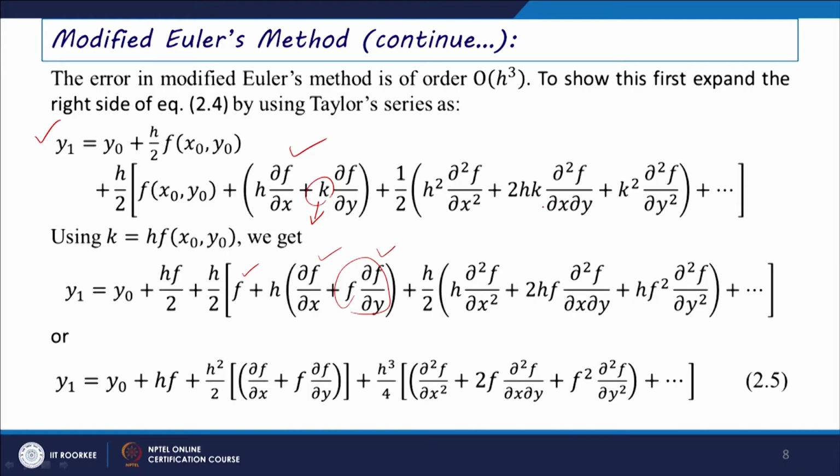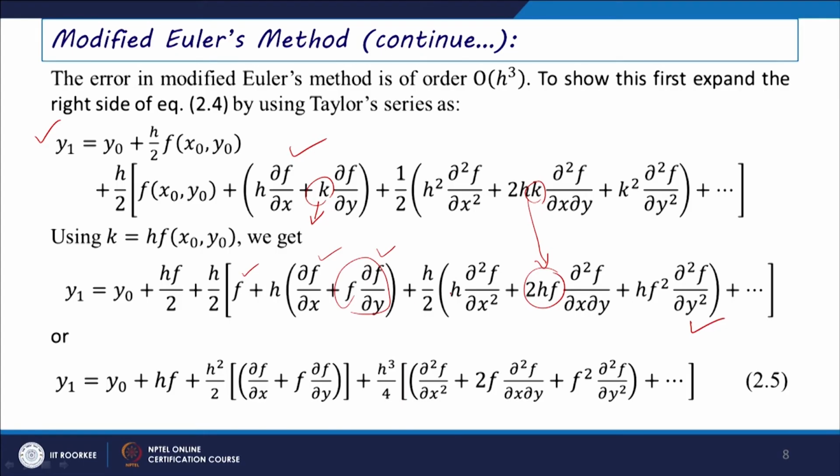Similarly, in this term also, if we replace k by h f of x0 y0, it can be represented as 2hf del square f by del x del y plus h f square del square f by del y square. In the final form, this can be written as y0 plus hf plus, taking common from all other terms, h del f by del x plus hf del f by del y.